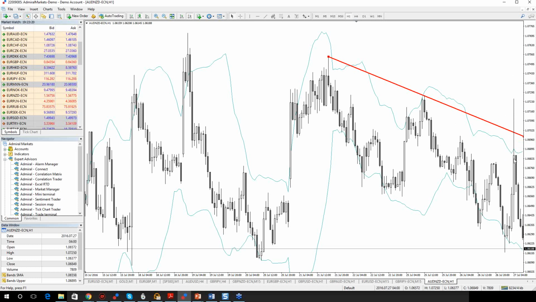I will refer to that also in the second example. If the price makes a pin bar outside, inside Bollinger Band, that means it's a fake out, and you should trade in the trend direction.